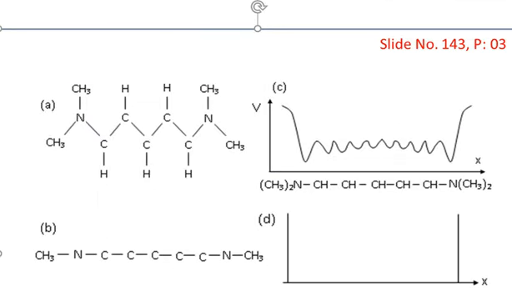So you see here CH3, nitrogen, carbon, carbon, carbon, carbon, carbon, nitrogen, and CH3, which we have shown as a linear one-dimensional structure of the above chain in the center.